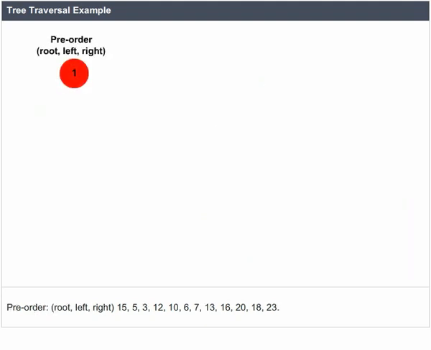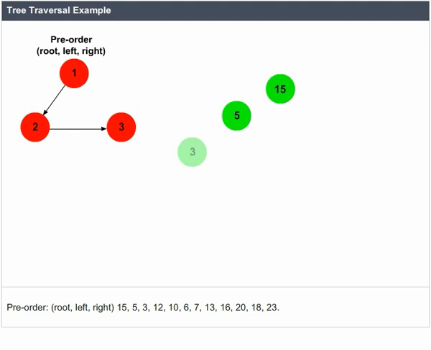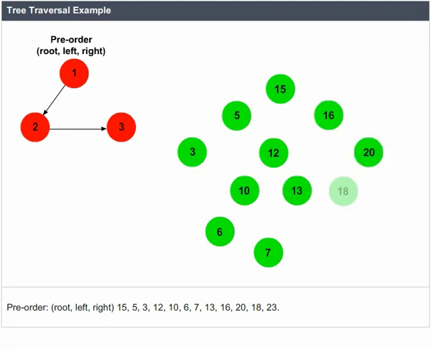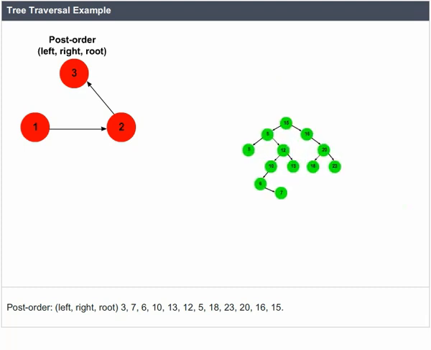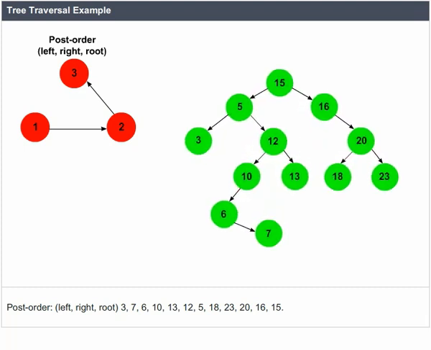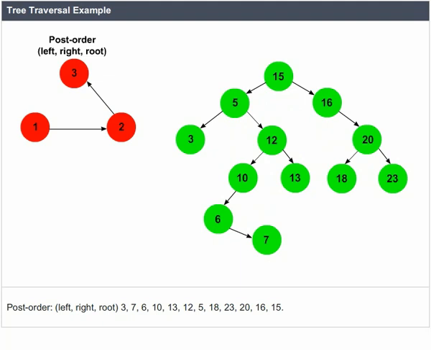Pre-order: root, left, right. 15, 5, 3, 12, 10, 6, 7, 13, 16, 20, 18, 23. Post order: left, right, root. 3, 7, 6, 10, 13, 12, 5, 18, 23, 20, 16, 15.